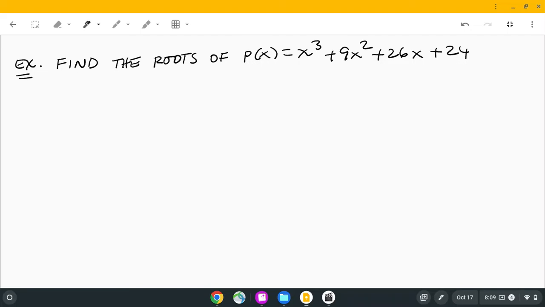So here is our p. This invisible one is our q. Let's list our factors.